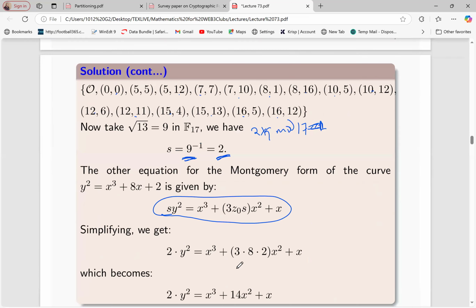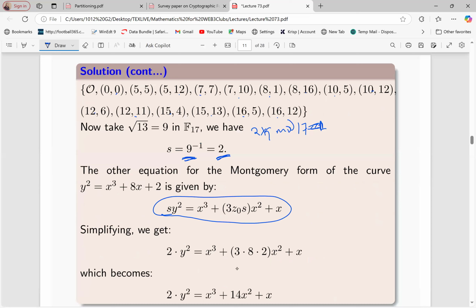When S is 2, we would have 2y squared is x cubed. Then 2 times 8 times 2. No, this is 3. 3 times 8 times 2, that is 14.